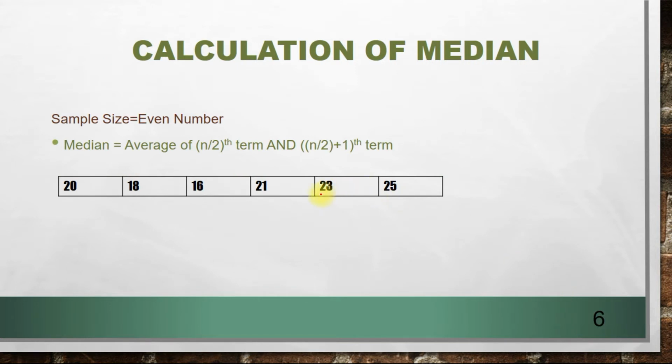Here is another example. We have one data set of sample size 6. Here n is equal to 6 and we have to calculate median. The formula for median is the average of two middle terms: the n by 2th term and the (n by 2 plus 1)th term, divided by 2.